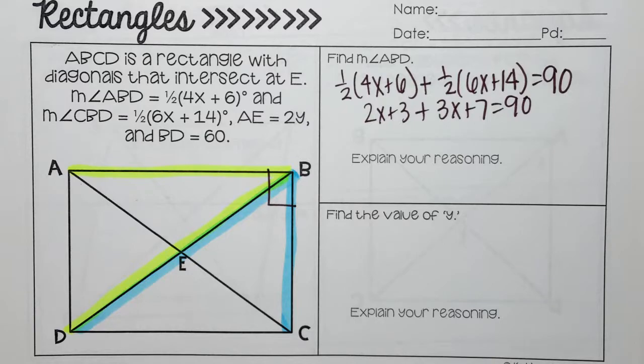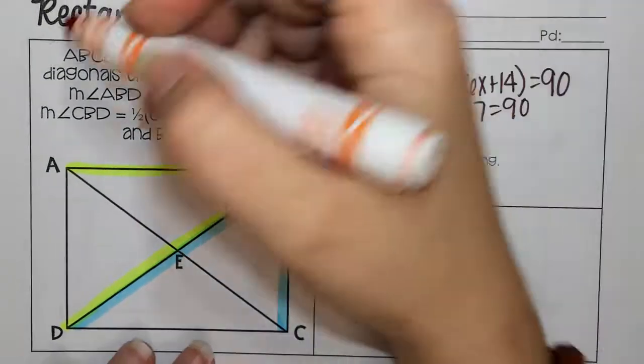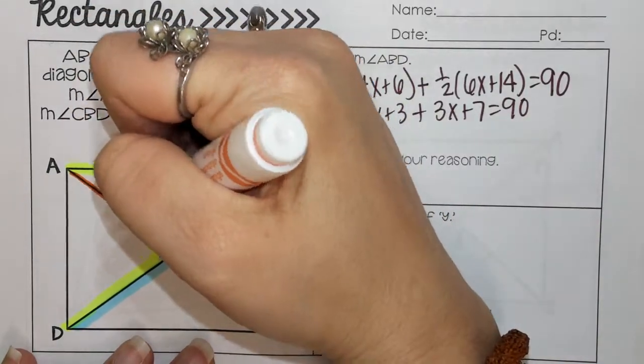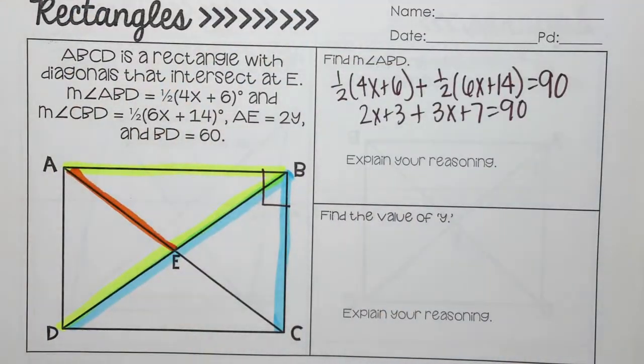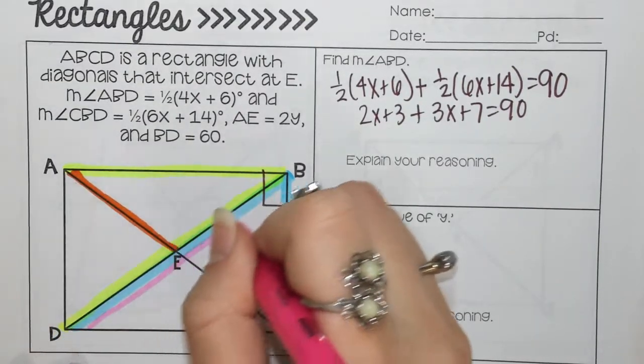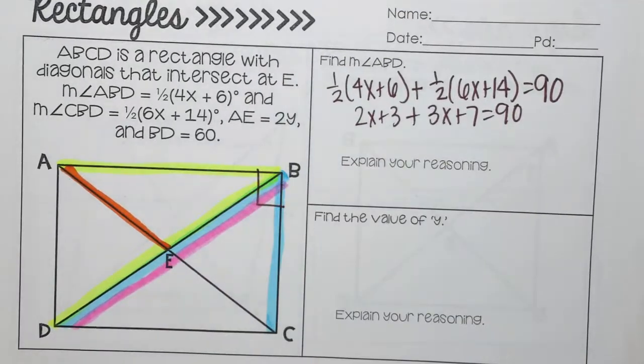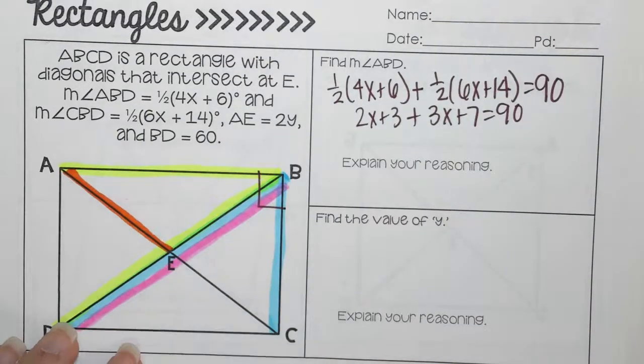For my bottom one, which is a different problem, this tells me that I have AE and BD. Now, what do I know about AE?